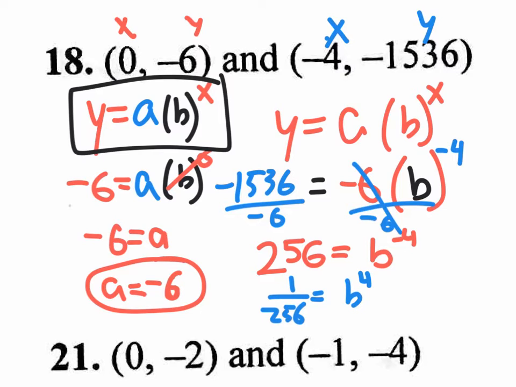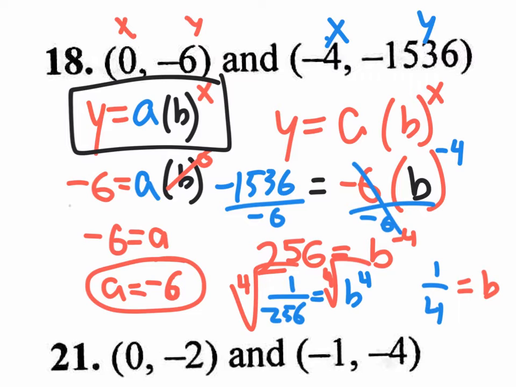So if you take the fourth root of b to the 4th, you're going to get b on the right. And if you take the fourth root of 1 over 256, with the calculator, the fourth root of 1 is still 1, and the fourth root of 256 on a calculator is 4, because 4 times 4 times 4 times 4 is 256.